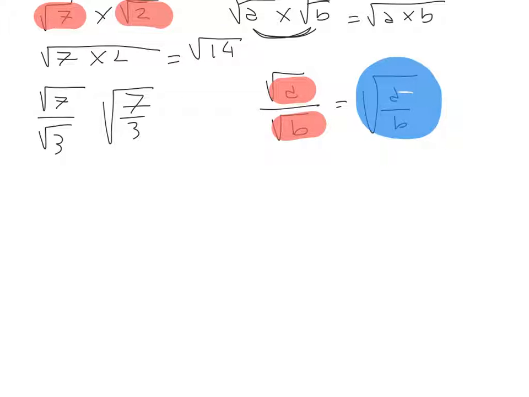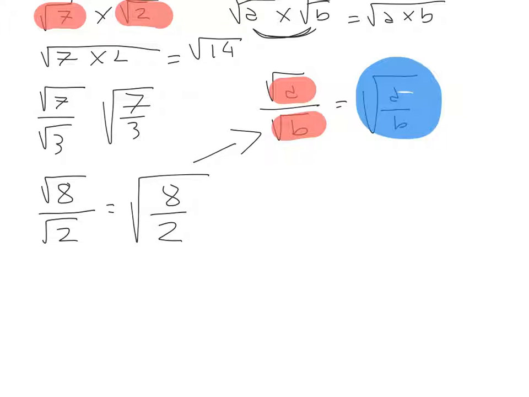Now, in this case, it may not seem so useful, but if we have square root of 8 divided by square root of 2, these are not perfect squares, and we cannot actually do much about it. But if we use this property and put everything together, 8 divided by 2, under a big square root, we can say that 8 divided by 2 is 4.